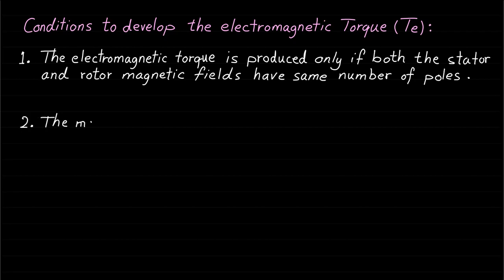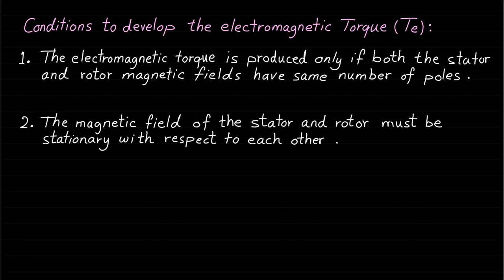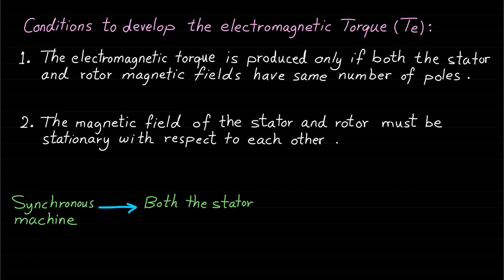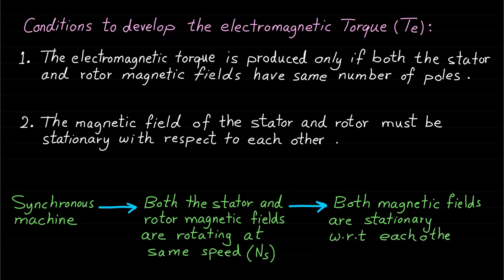The second condition is that the magnetic fields of the stator and rotor must be stationary with respect to each other. This applies to all types of machines. So in case of a synchronous machine, the stator and rotor magnetic fields are both rotating at the same speed, which is the synchronous speed. Therefore, both magnetic fields can be considered stationary with respect to each other.